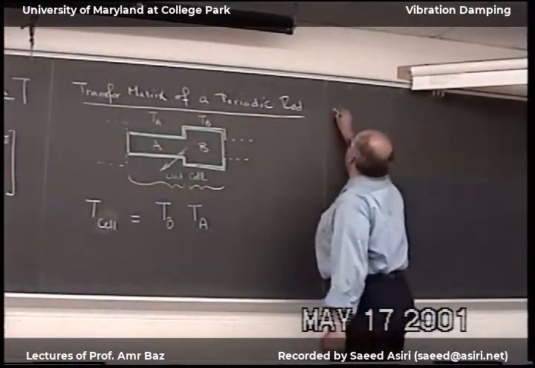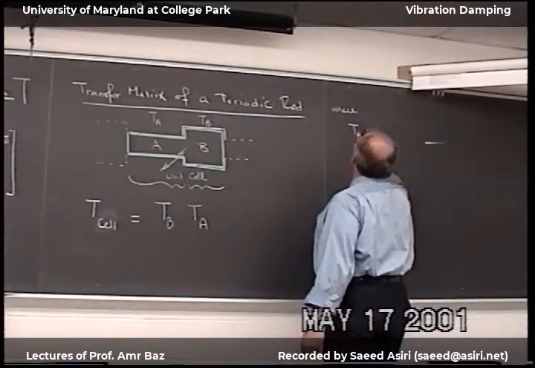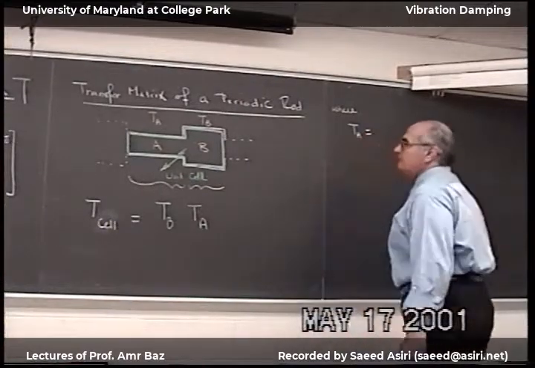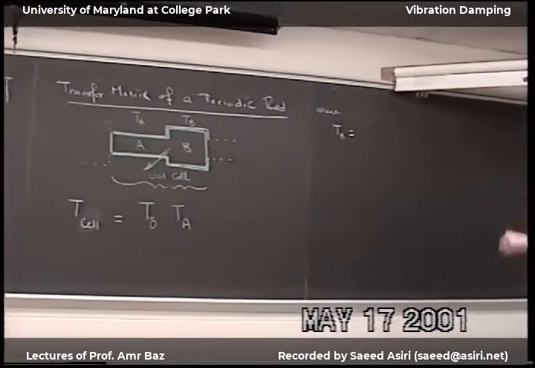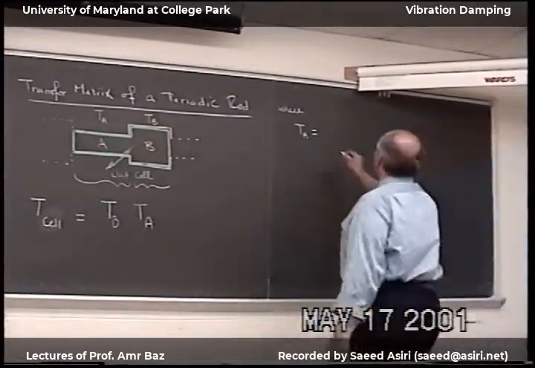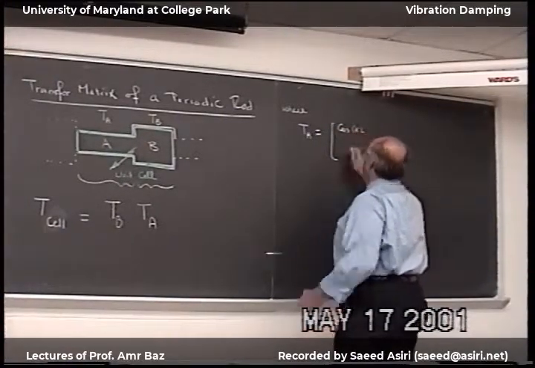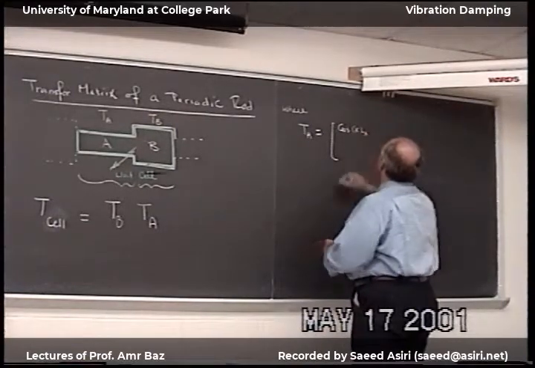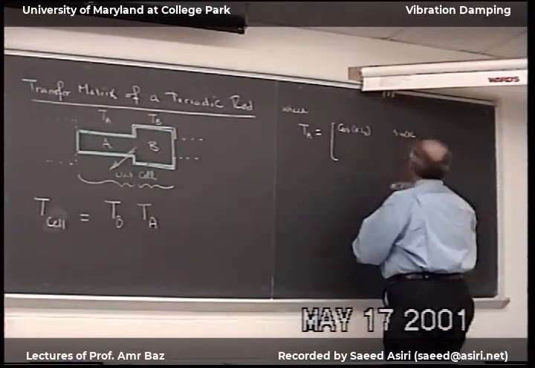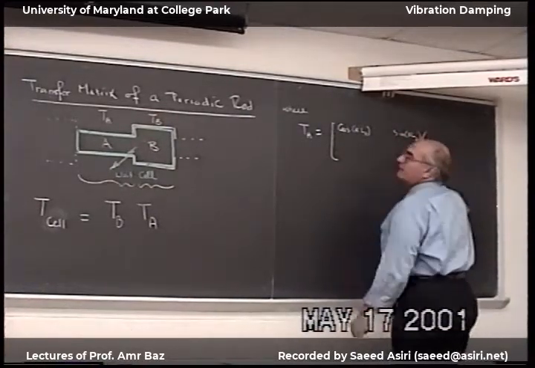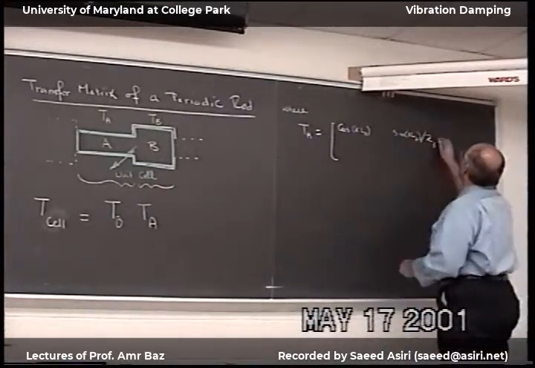So now here it will say where TA is cosine KL, all of this of A. And then sine KL of A divided by impedance of A and omega.